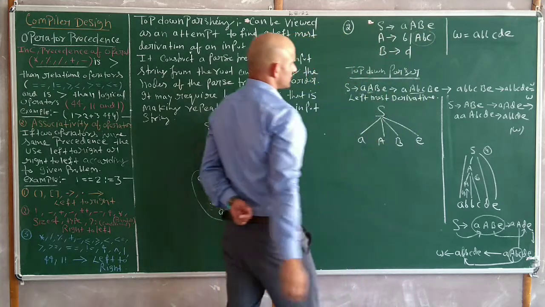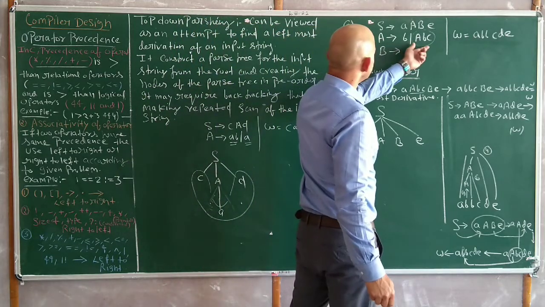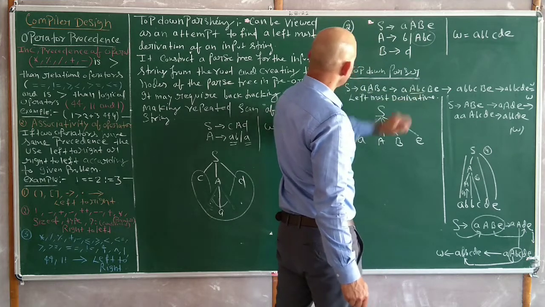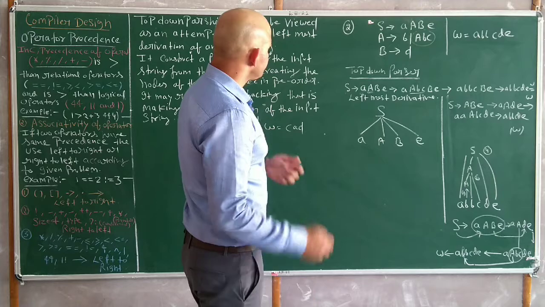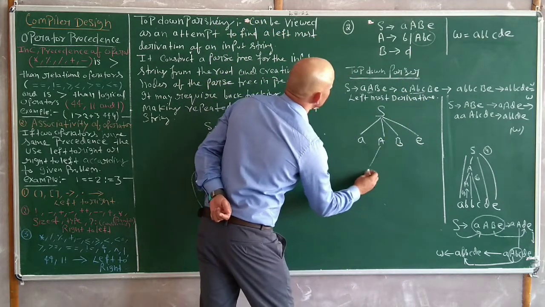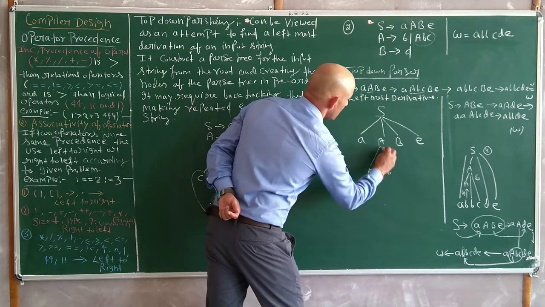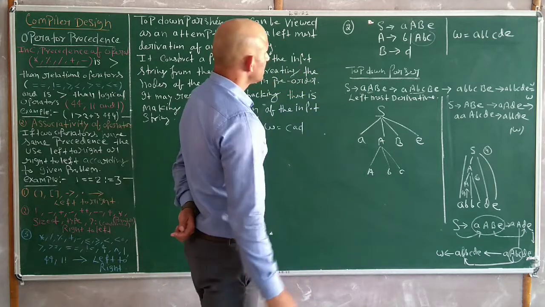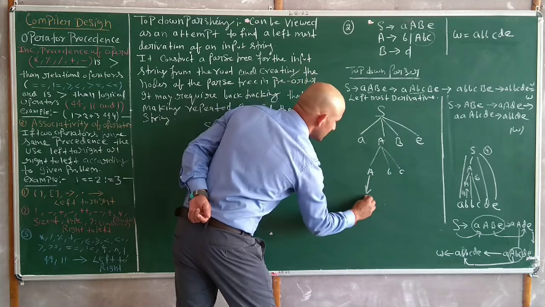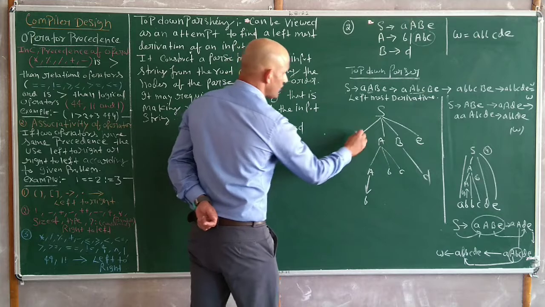After then we have written this one, and in place of B, this is ABC, we have written in place of this A and this B and this C. Then we have taken this B, then this B, and at last D.